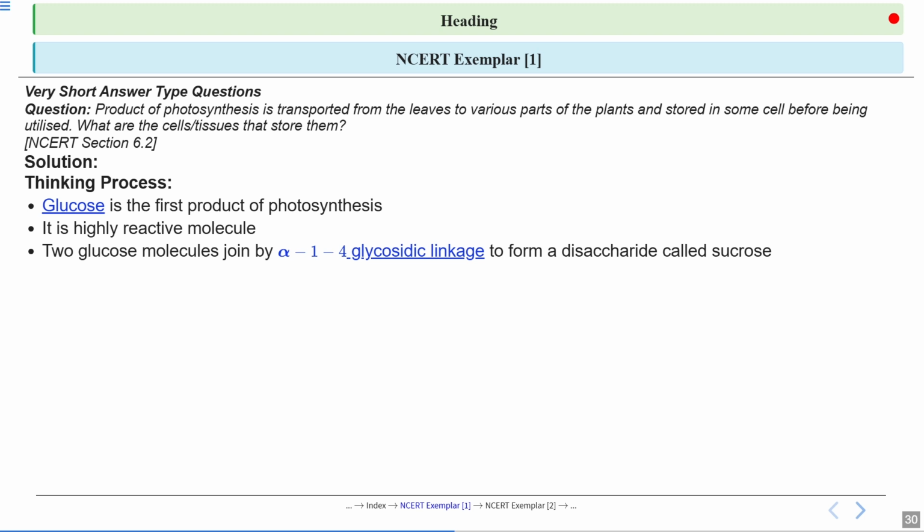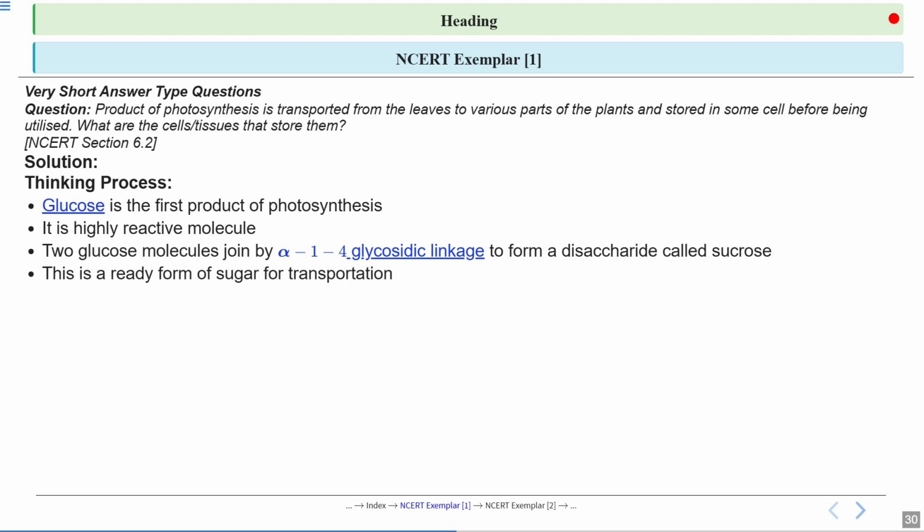There are six carbons in a glucose molecule: 1, 2, 3, 4, 5, 6. And this glucose can be open chain or it can form a ring like structure, right? So assume it is a ring like structure. The first carbon of the first glucose will form a bond with the fourth carbon of the second glucose, right? And that type of bond is called alpha 1,4 glycosidic linkage, that is called sucrose.